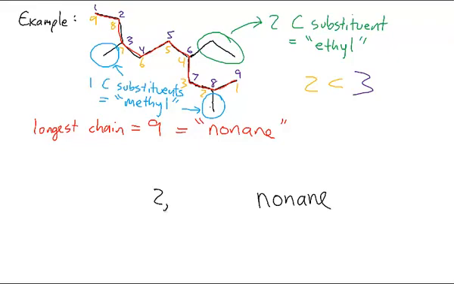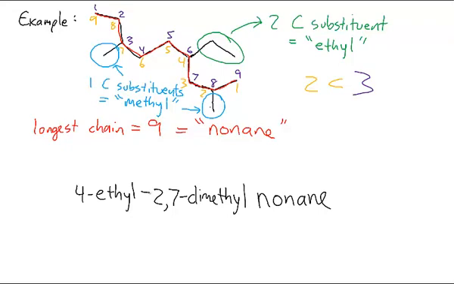So I would say 2,7-dimethylnonane. Then I need to say that there's an ethyl group on carbon 4. So I would say 4-ethyl-2,7-dimethylnonane.